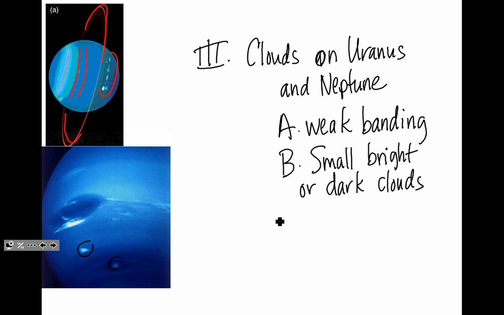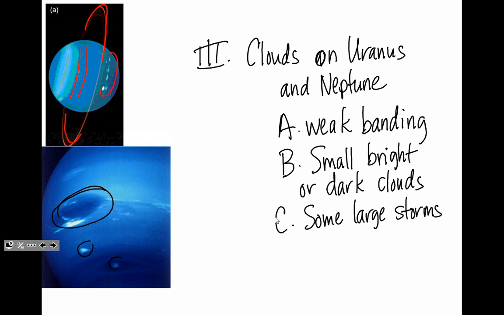And then we do see larger storms. This is an older image of the Great Dark Spot on Neptune. So you do get some large storms, but they don't stick around. We don't have a 300-year storm like we saw on Jupiter.